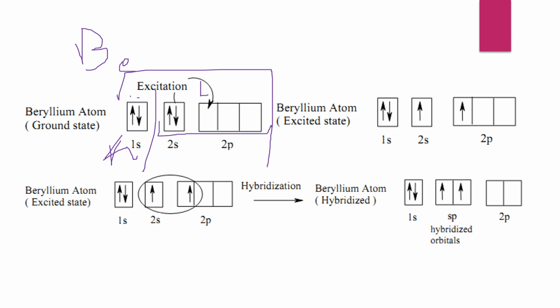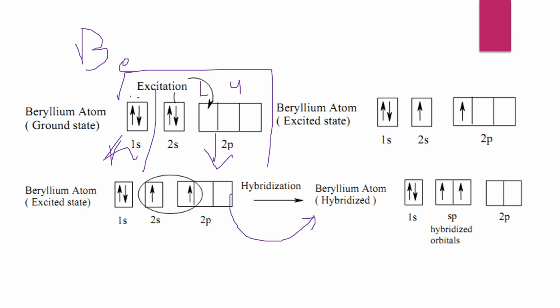Beryllium has 4 electrons, so in beryllium we have 1 electron that can be excited. So we'll put it in the different orbitals, and after that we'll hybridize it.